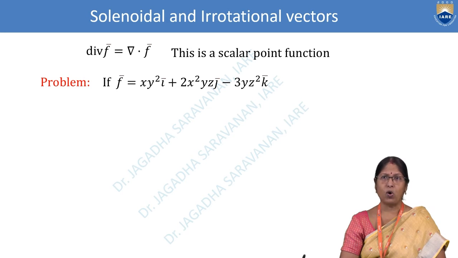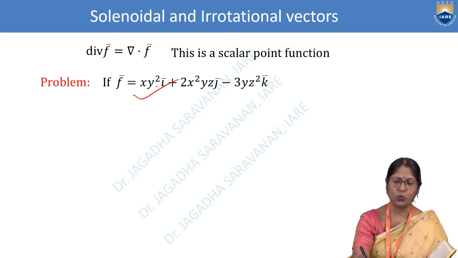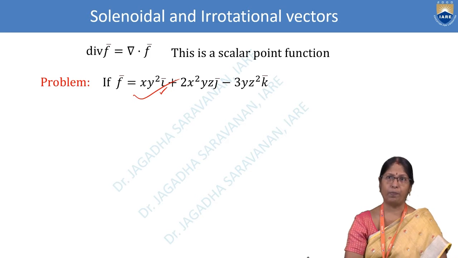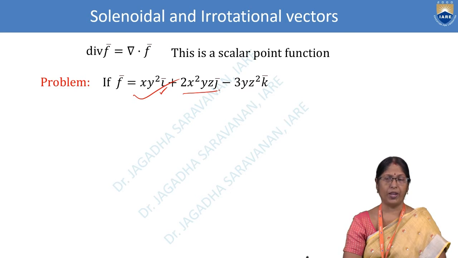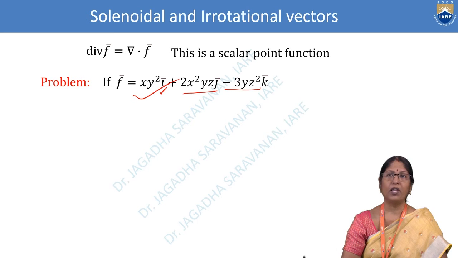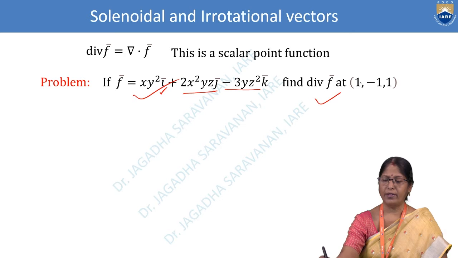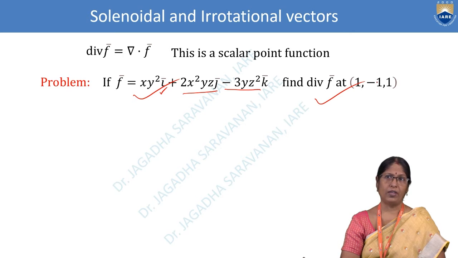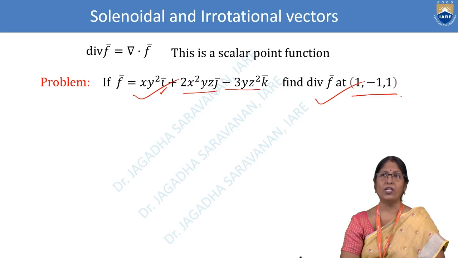Now, we will concentrate on a problem for this divergence of a vector. If vector f is xy square i plus 2x square yz j minus 3yz square k, find div f at the point 1 comma minus 1 comma 1.